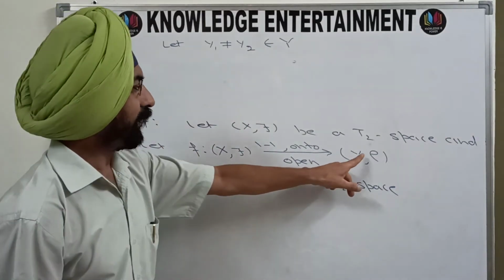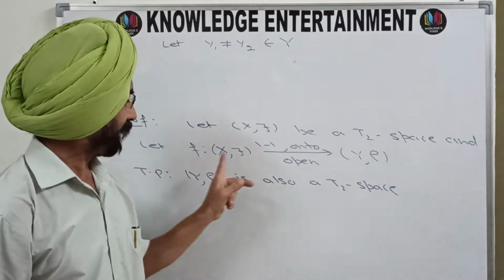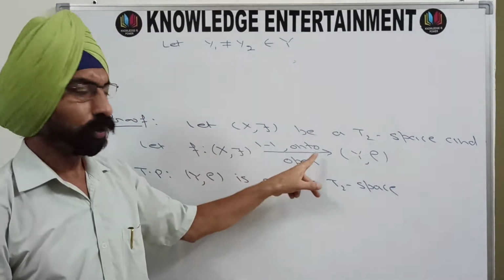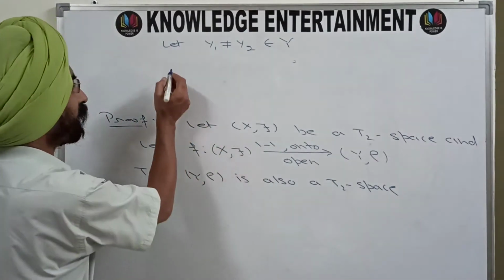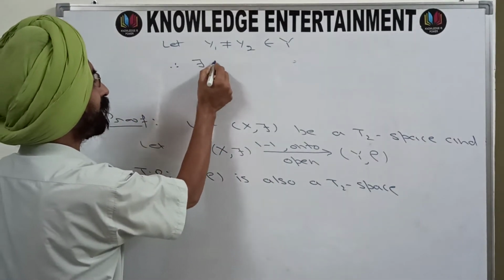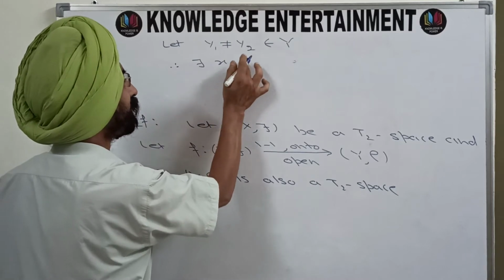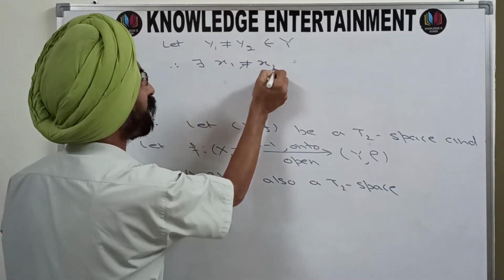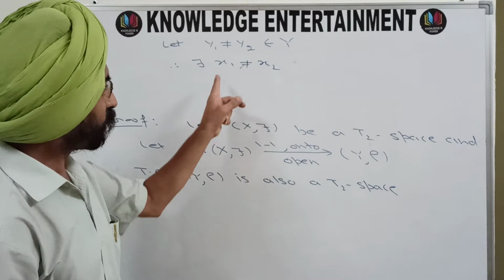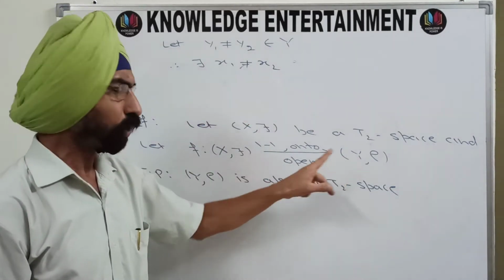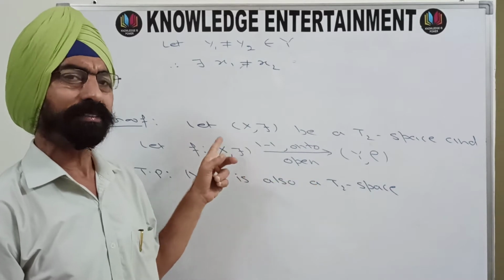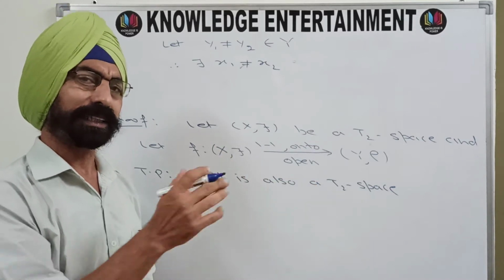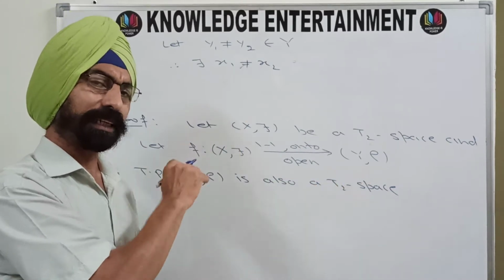Since Y1 and Y2 are points of Y and the map F is onto, Y1 and Y2 must have pre-images in X. So therefore there exists X1 not equal to X2. Why am I writing here X1 not equal to X2? Because the map is not only onto, it is also 1-1. So distinct elements of Y will have distinct pre-images.